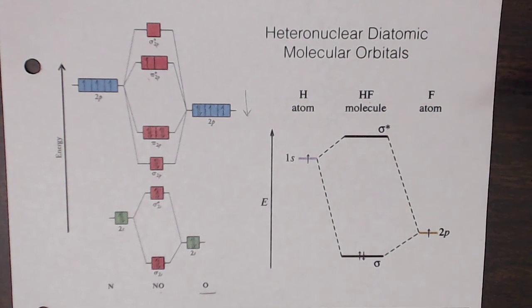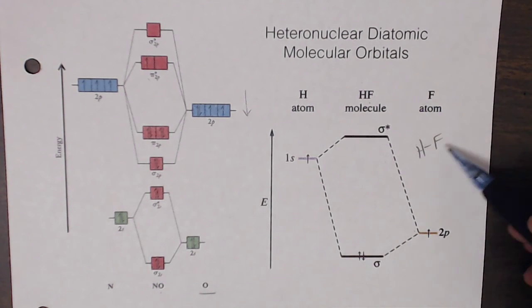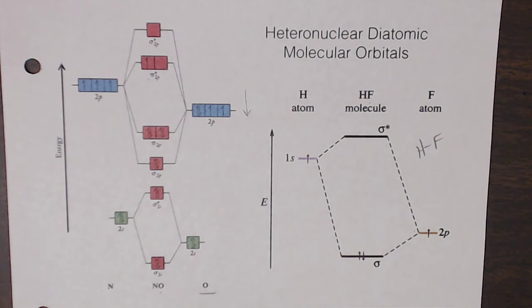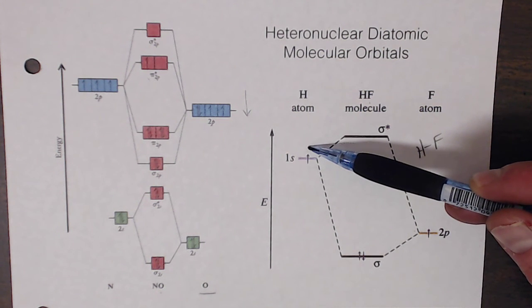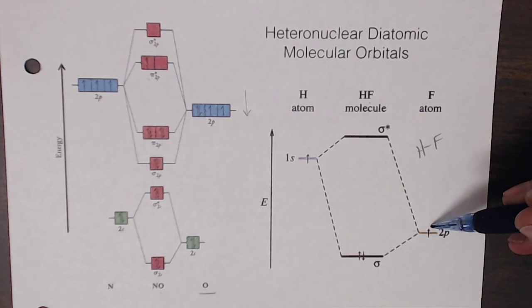But for a molecule like HF, this one gets kind of hard to predict. But we note the Lewis structure of HF is just this linear molecule with 1 bond. We call that a sigma bond, right? And so that sigma bond is actually made from mixing the 1s electron in hydrogen with one of the 2p electrons in fluorine.